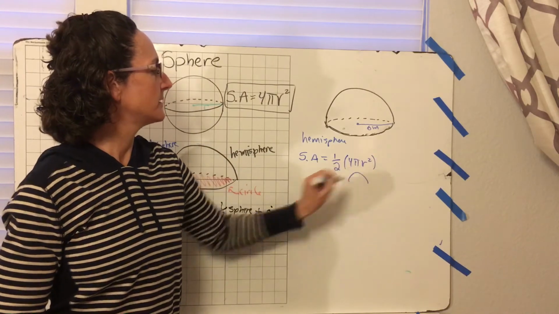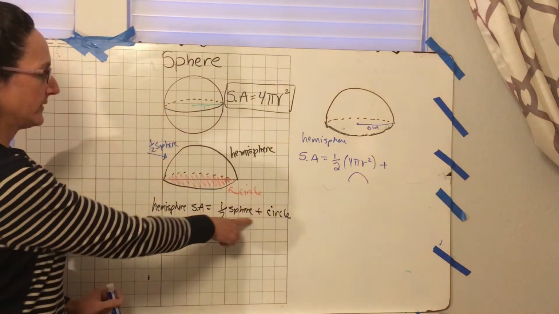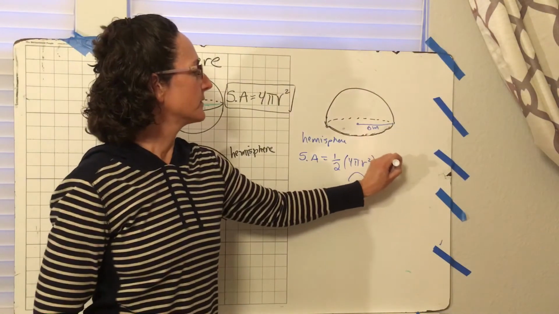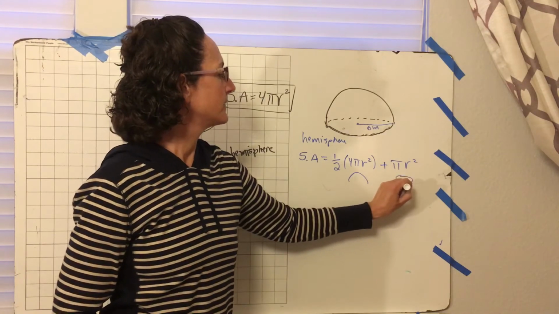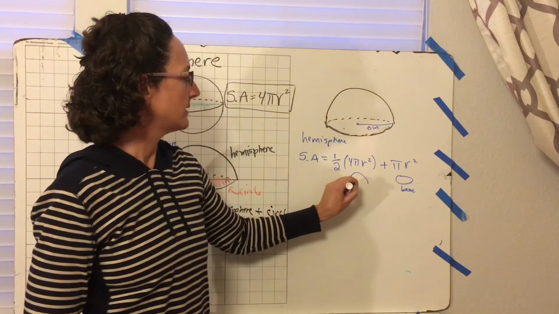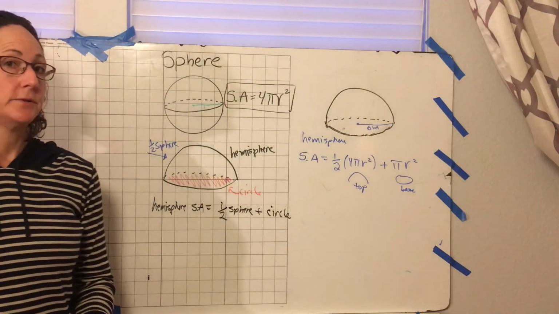That'll get you just this top part. Then you do the bottom, so half a sphere plus the circle in the bottom. Circles have an area of pi r squared, so that's the base. This is the base, and this is the top part. So you have to do both.